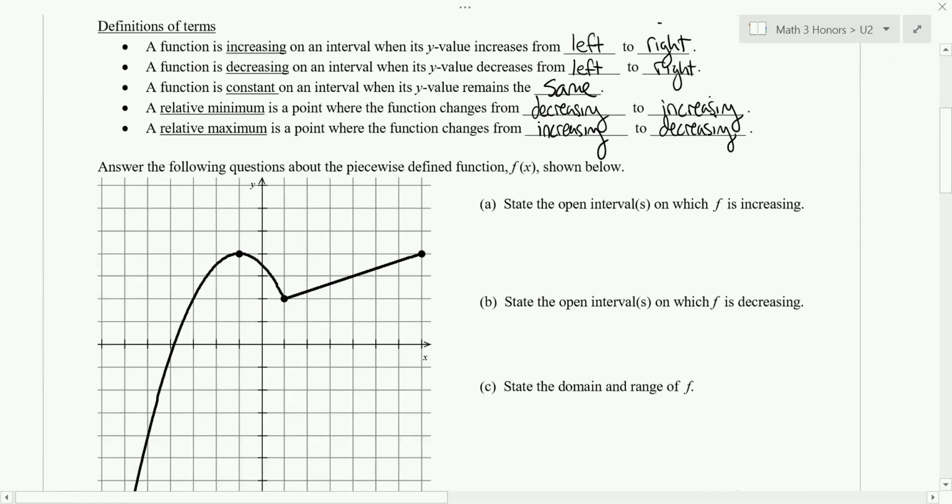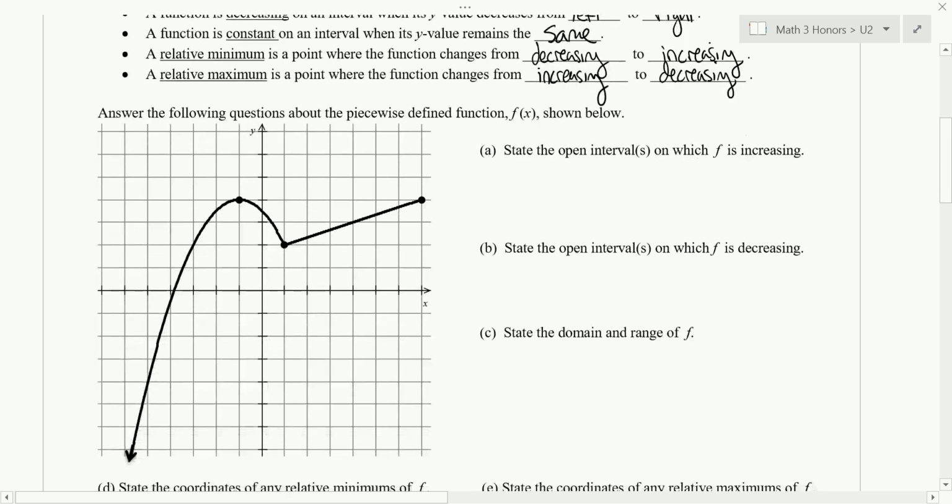So here's a graph. Answer the following questions about this piecewise defined function, f of x, shown below. State the open intervals, by the way, notation again. Open intervals versus a closed interval. So intervals are what we did with the domain and the range in the last unit, right?